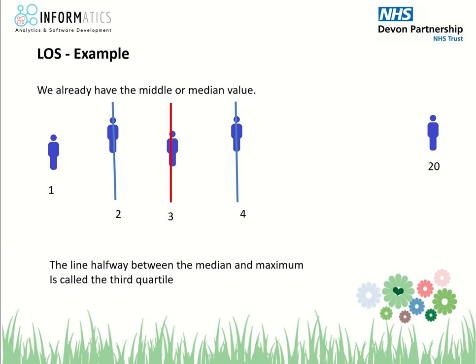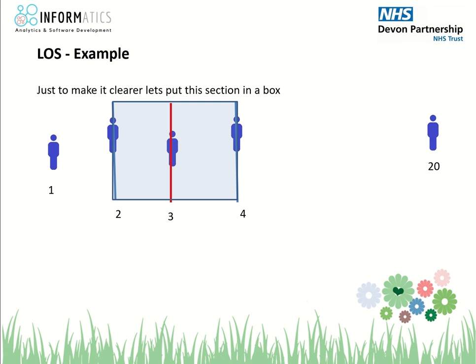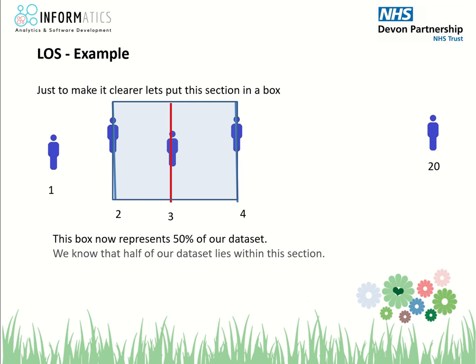And the line between the median and maximum is called the third quartile, which is this line here. Don't worry, you don't need to remember that, there is not a test. So just to make it clearer, we're going to put this section in a box. So by splitting it into quarters and taking 2 quarters, I'm sure you can work out that 2 quarters is a half. So all that sits within that box is 50% of our data set.